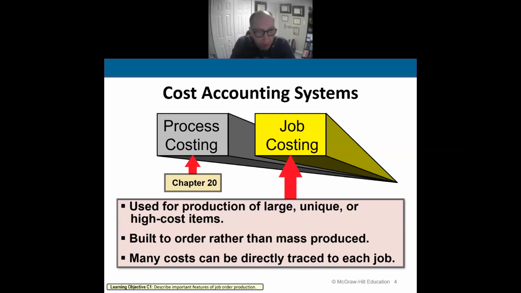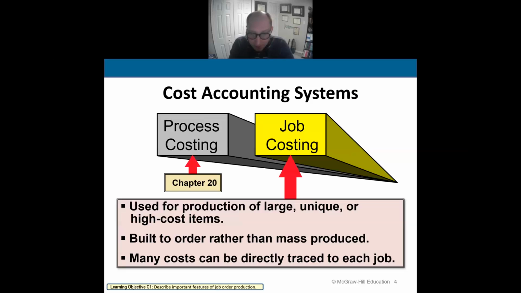In job order, we focus on production of large, unique, or high-cost items. They're specific to the customer rather than being mass-produced.